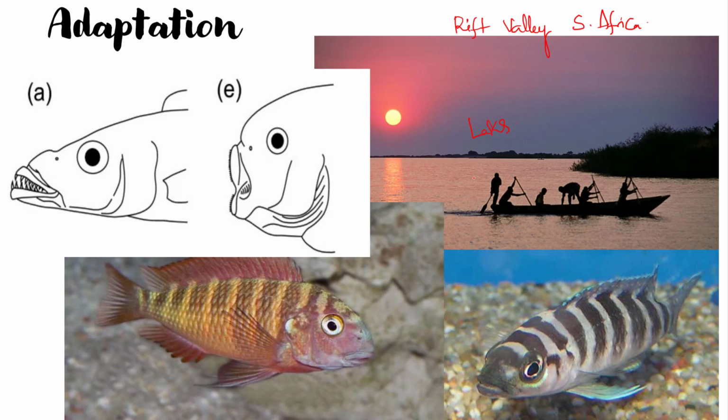When we look into these lakes, you are able to see a special kind of fishes which inhabit them. We call them cichlid fishes. These fishes have two types of jaws. This is a normal jaw which we see in all fishes, but along with that they have another jaw, which is called a pharyngeal jaw.